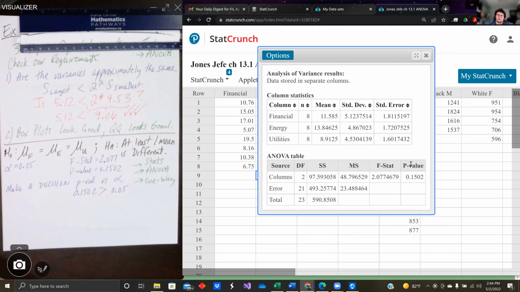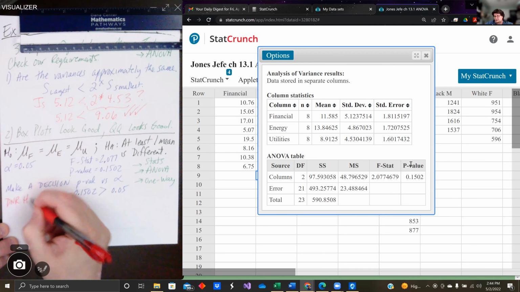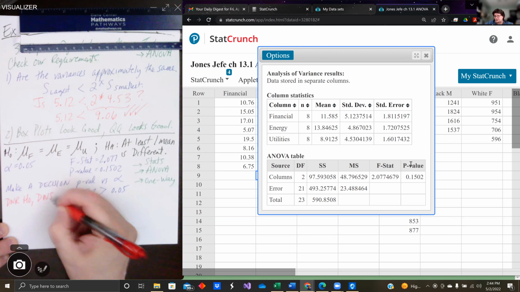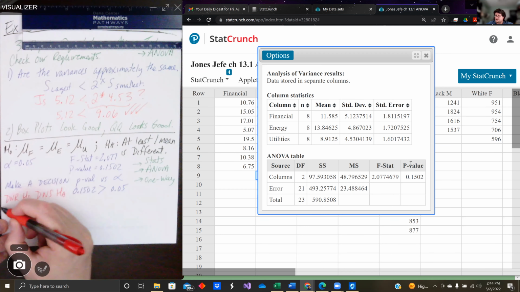If the p-value is too low, we reject the H0, but if it's not too low, we don't reject the H0. So we do not reject H0. Do not support HA. That's our decision.